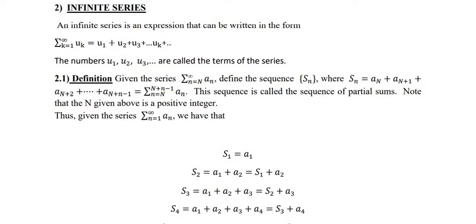This sequence is called the sequence of partial sums. So S1 is just the first term, S2 is the sum of the first two terms, S3 is a1 plus a2 plus a3, and so on.